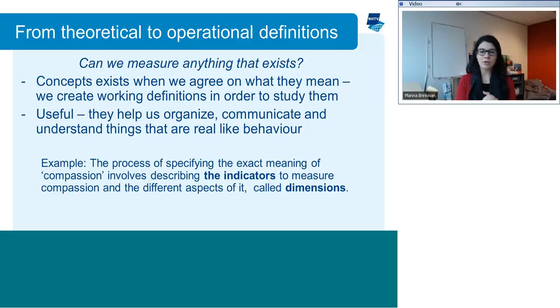But because concepts have working definitions as well, what is actually done, especially in quantitative research, is that we have to get engaged in what is called moving from theoretical to operational definition.